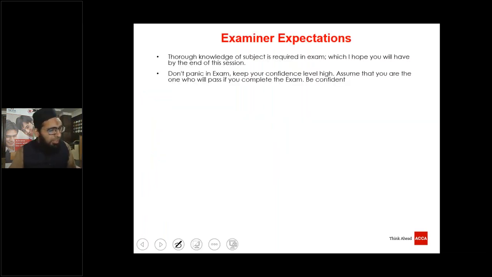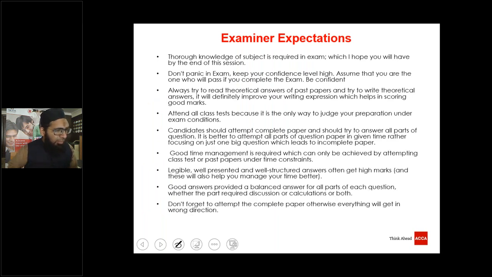Now, what are the examiner expectations? These are the key examiner expectations that we see. First of all, the examiner expects that you have thorough knowledge of F5. The examiner expects that you are calm and don't panic in the exam. You have read the theoretical answers of the past papers. You have attended all classes and tests.